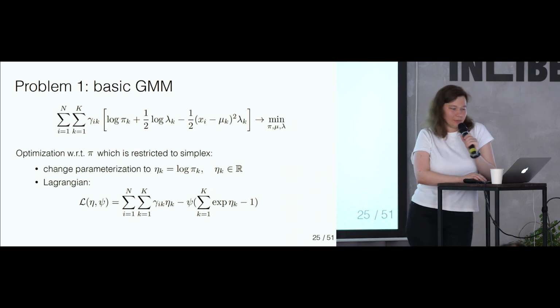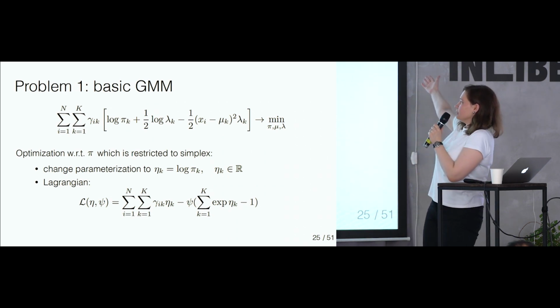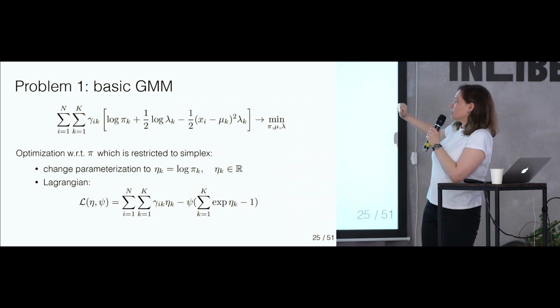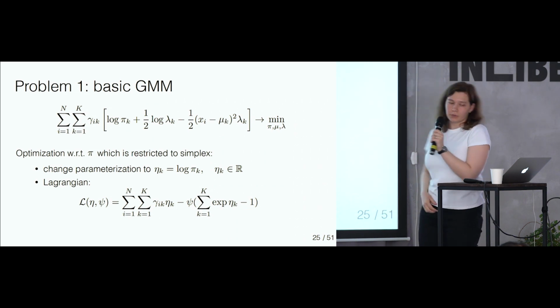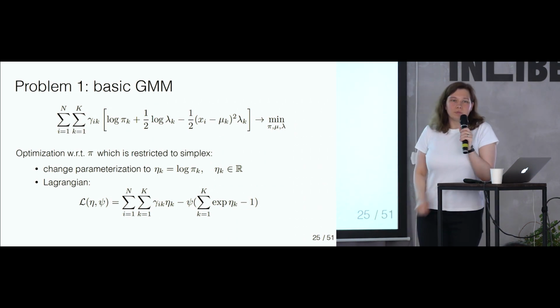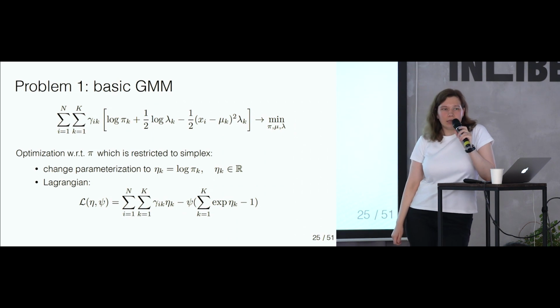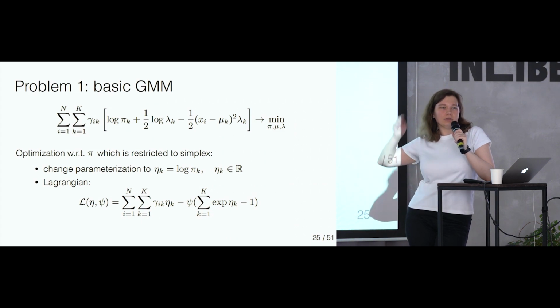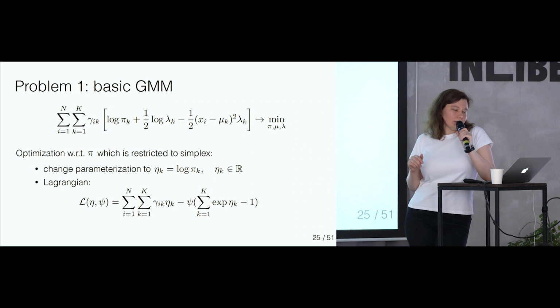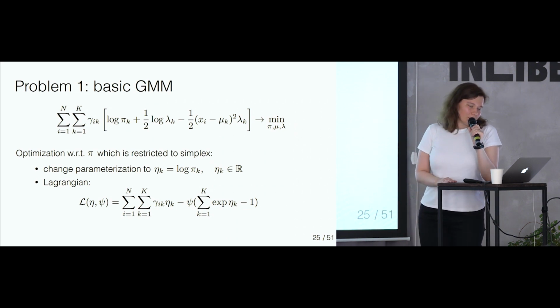So M step, we have our objective here. We want to optimize with respect to p, mu, and lambda. When we optimize with respect to p, we see the same thing as we saw on the first seminar. So p is from the simplex. Therefore, we have two types of restrictions, the inequality constraint and the equality constraint.